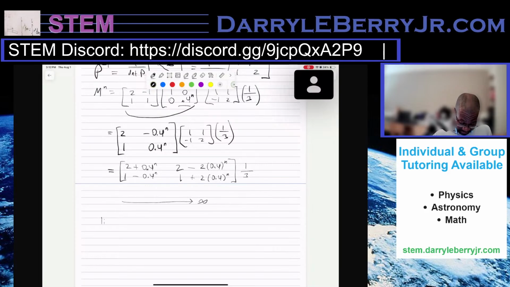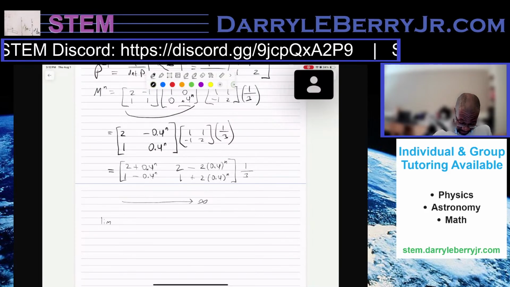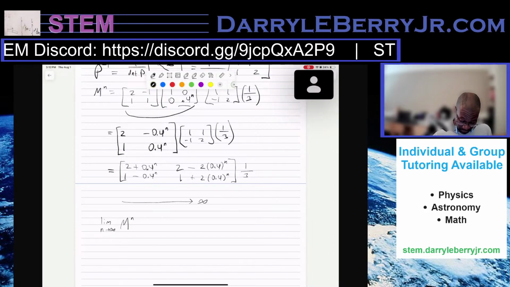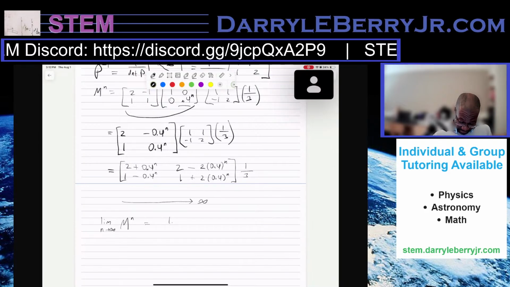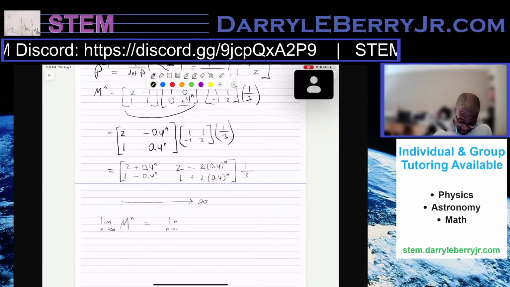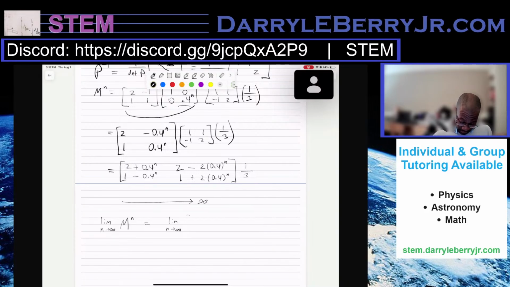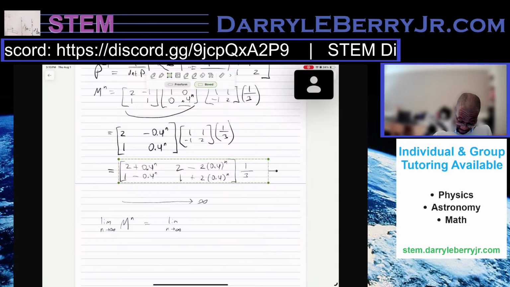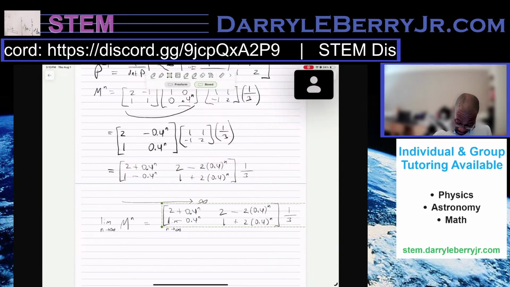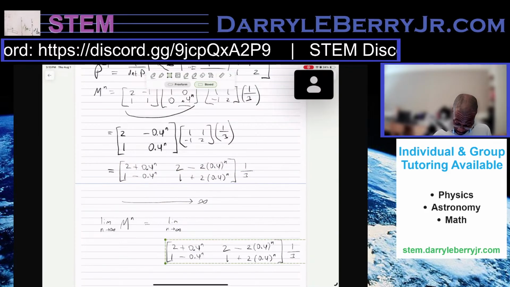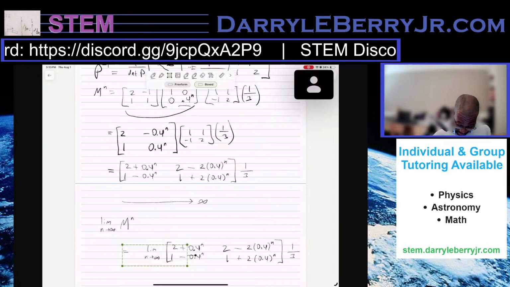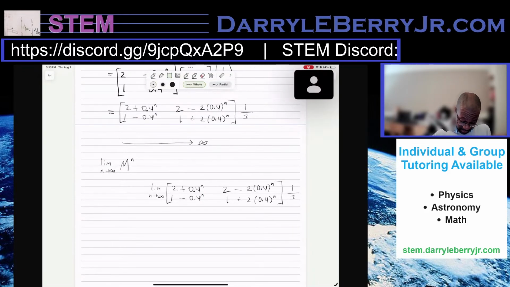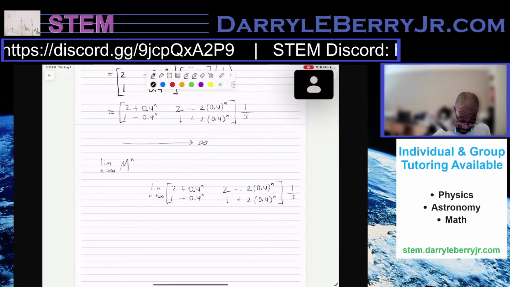So we're going to take the limit as n goes to infinity of M^n, which equals the limit as n goes to infinity of this whole thing, which I'll just copy down so I don't make another typo. And I'm glad I did that because I would have forgotten to write the 1/3 that time. So we want the limit of that, right?